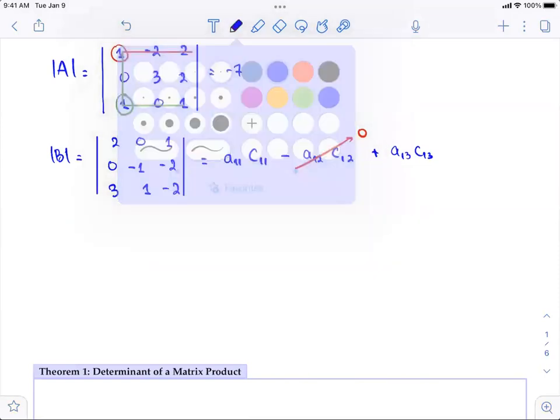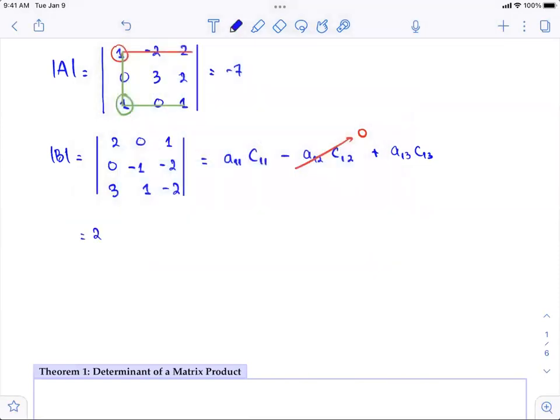Now A11 is equal to 2, and C11 is a positive of M11, because of this sign convention where you start with positive, negative, and then positive again. Plus 1, positive 1 times positive M13.